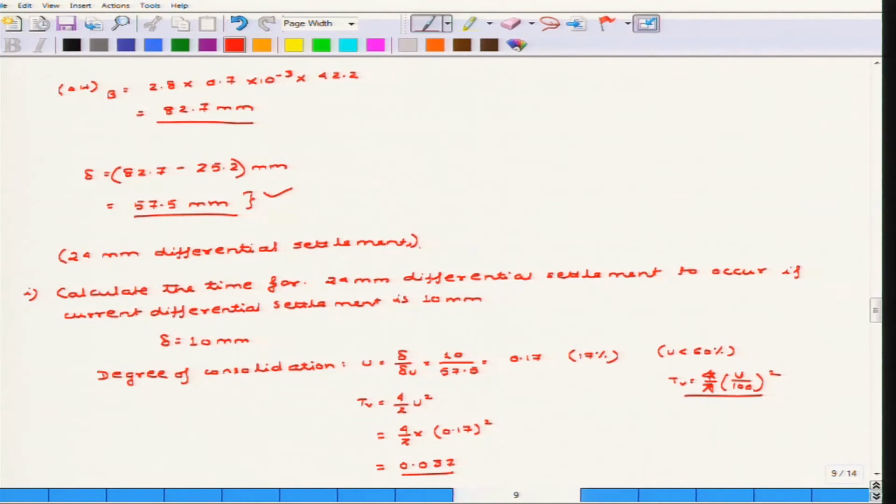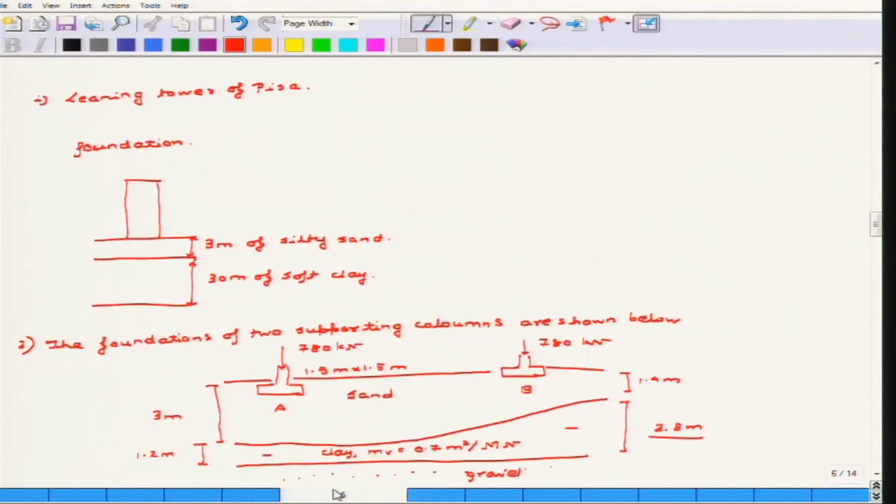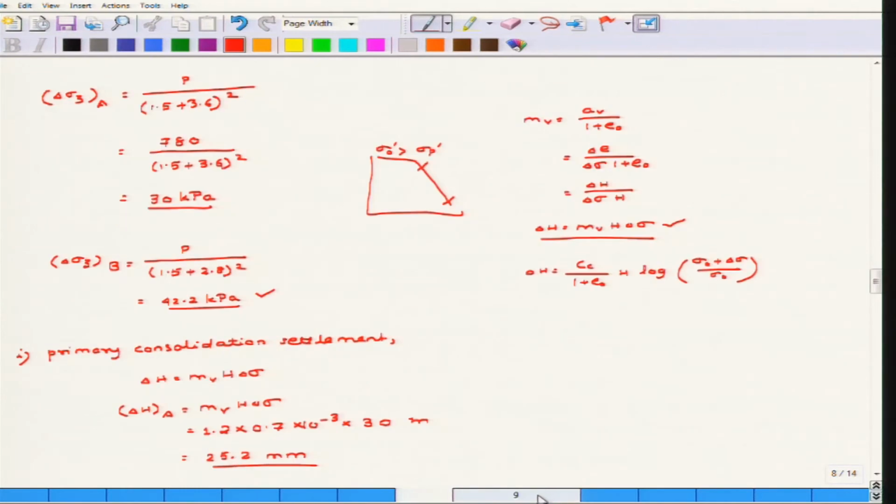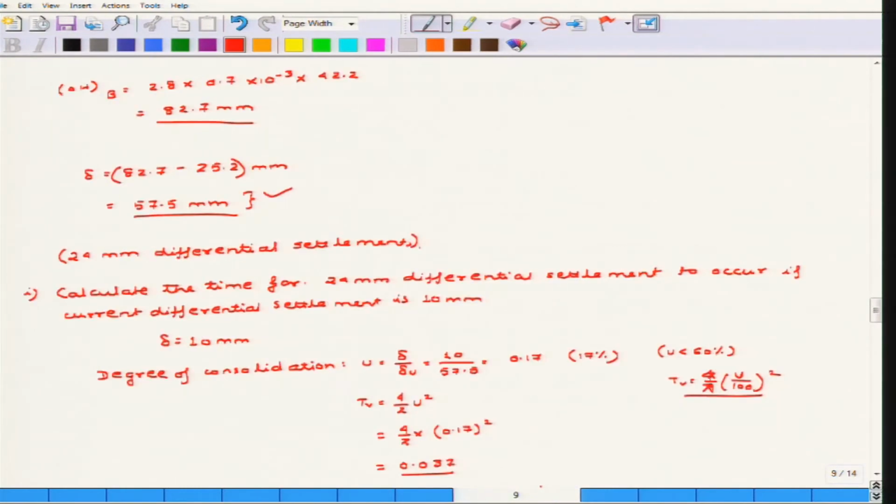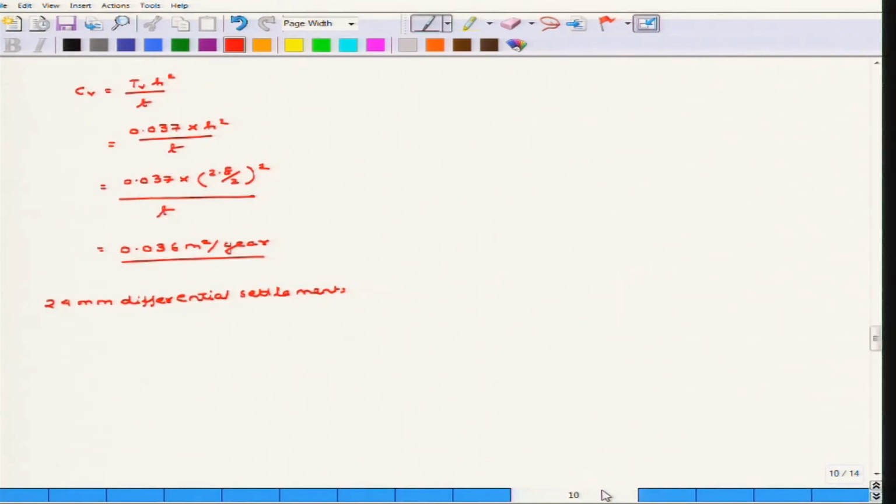So all calculations regarding 1.2 meter thickness are accurate, but because of this extra 2.8 meter that came, all your calculations are now wrong, because this extra 2.8 meter has caused a differential settlement of 57.5 millimeter. So that is the extra layer that you have to consider when calculating the coefficient of consolidation, because the coefficient of consolidation during that period only you have to consider.